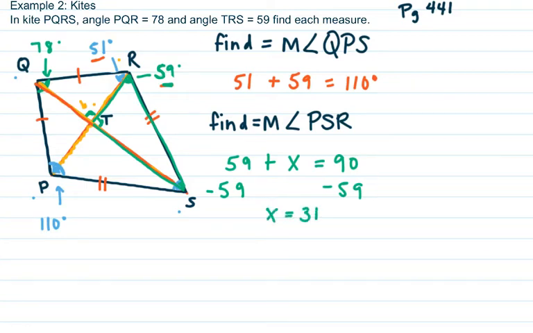So this small portion right here is 31. Now remember I told you that this diagonal cuts it in half, this angle. So if this half is 31, then this half is 31. So it asked me for the whole angle PSR. So all I have to do is add 31 plus 31, and that equals 62.